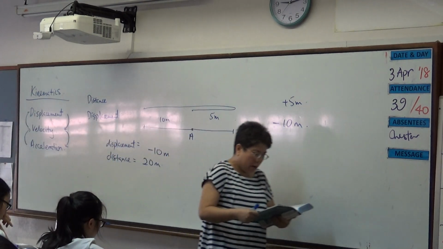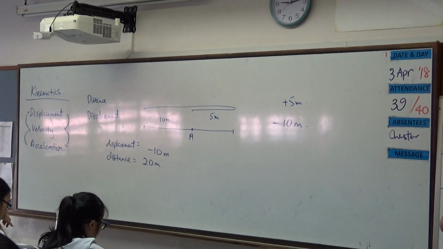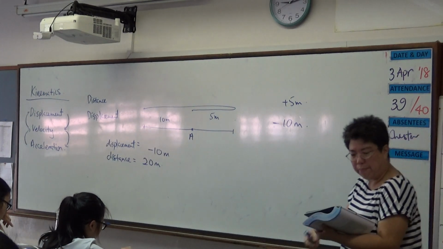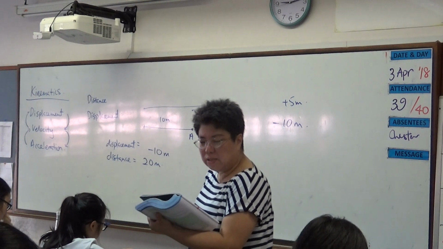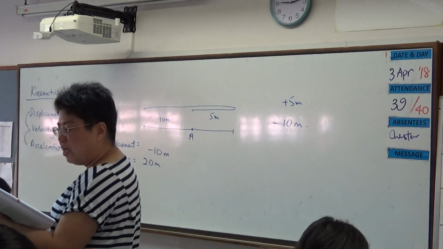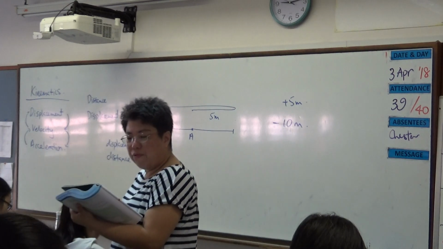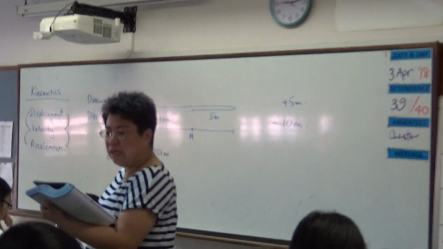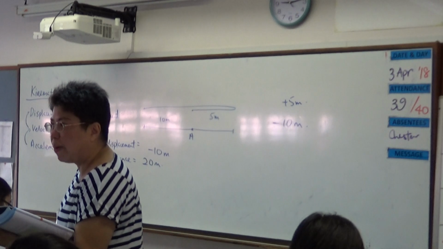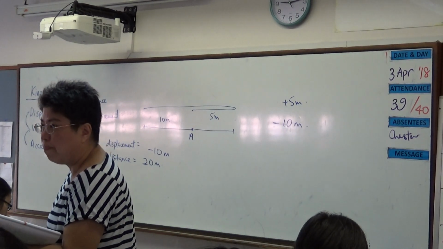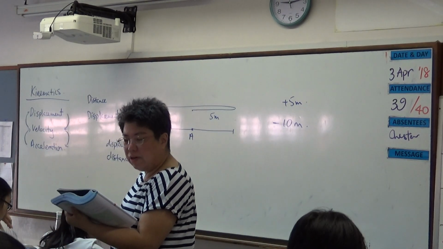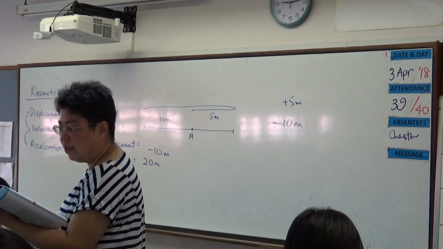Let me tell you the last part first before I go on to the diagram. When velocity is bigger than 0, the particle moves in the direction of the positive s-axis. When velocity is 0, the particle is instantaneously at rest. That means the particle is not moving for that particular moment. When velocity is less than 0, the particle moves in the direction of the negative s-axis.